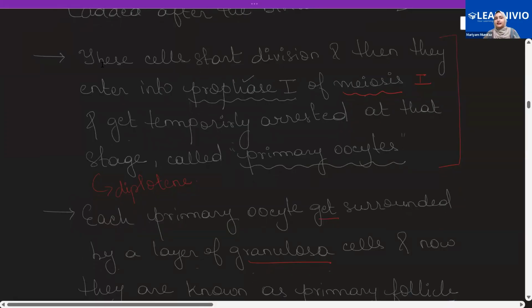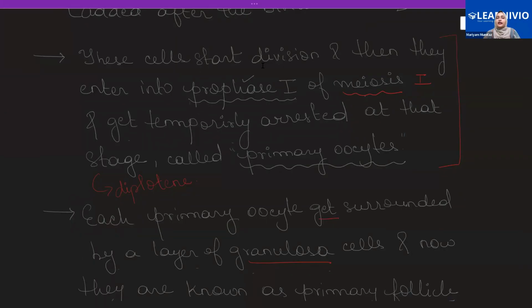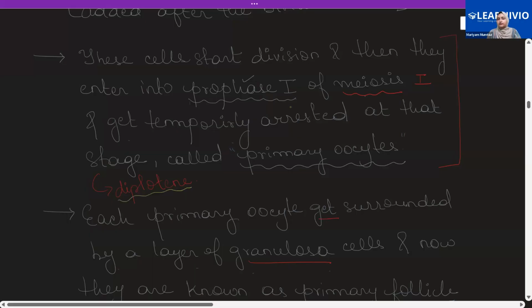Now, what happens is that the oogonial cells start dividing and then they enter into the prophase 1 of meiosis 1. And then they get temporarily arrested at that particular stage. And we call it the primary oocyte. But which stage? At the diplotene stage of the prophase 1. Do you remember the stages of prophase 1?